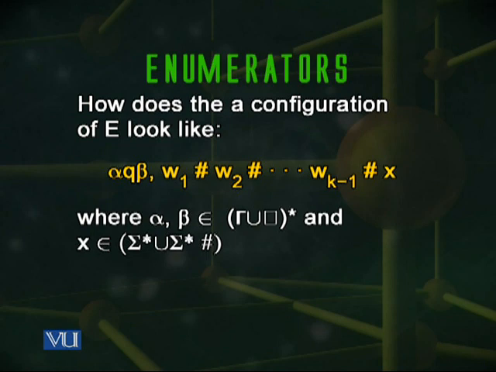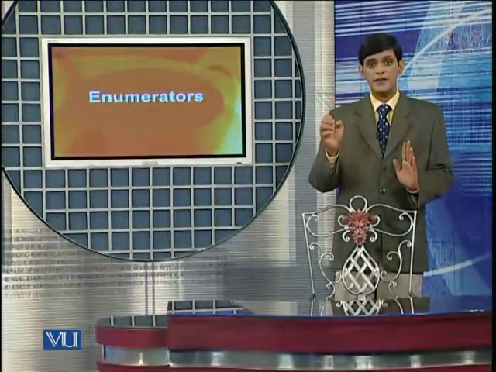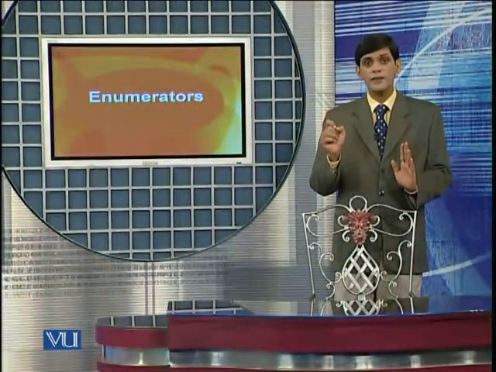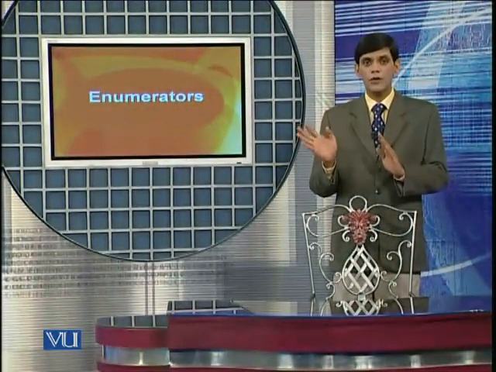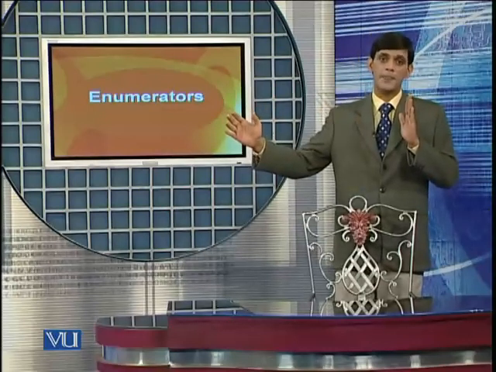Essentially what we are saying is, you have to tell me what is written on the work tape, which state the enumerator is in, what is the current work symbol that it's reading, followed by all the contents of the output tape.